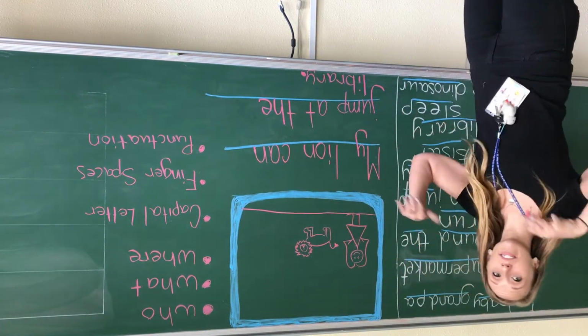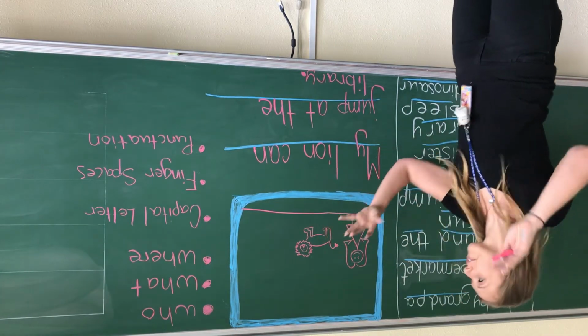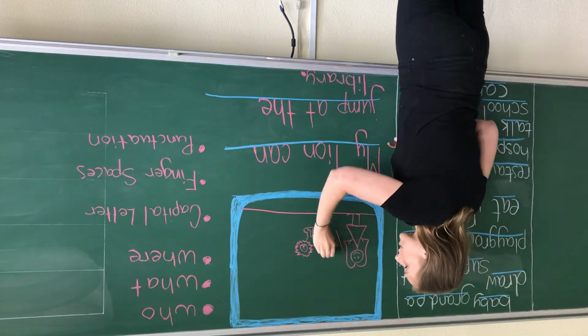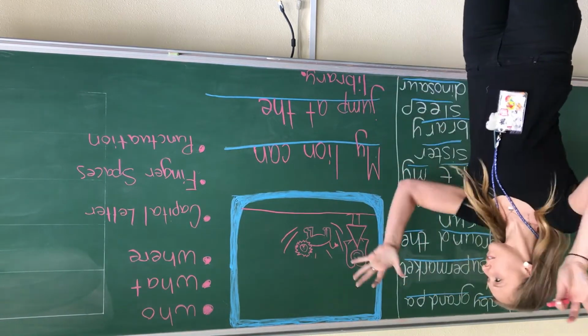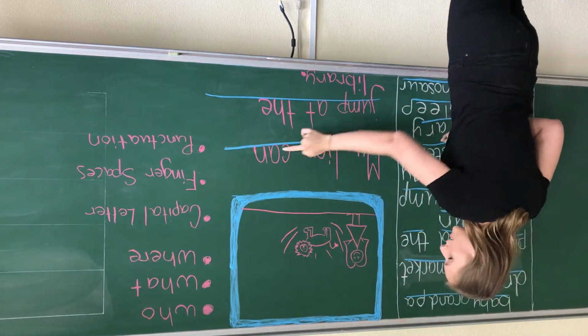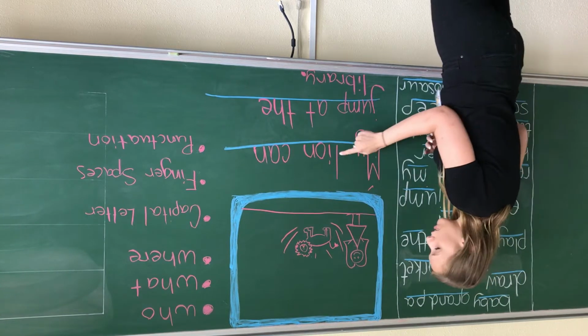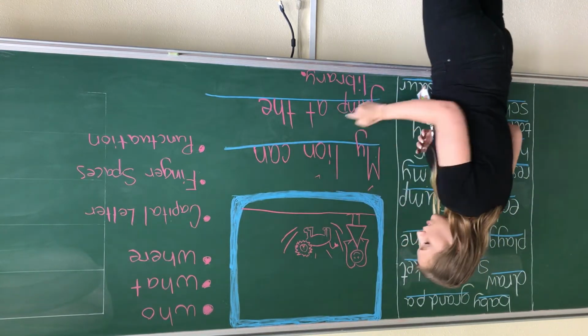And to show that he's not just floating and flying, if you draw lines like this, we've talked about this with the kids. It shows that he's jumping. So my lion can jump. So I have lion, I have jump.